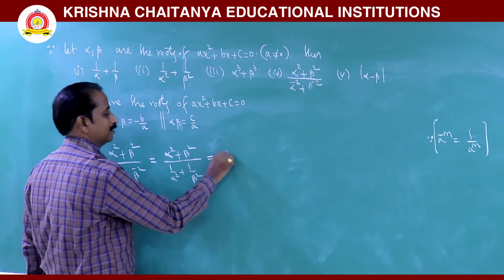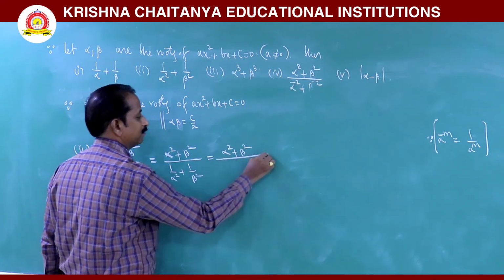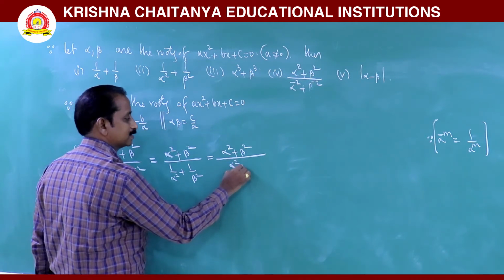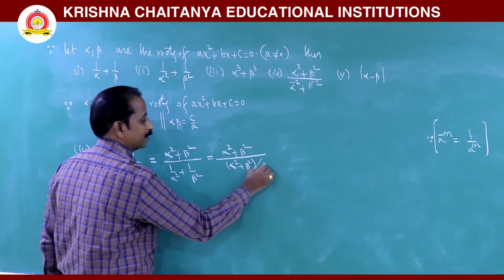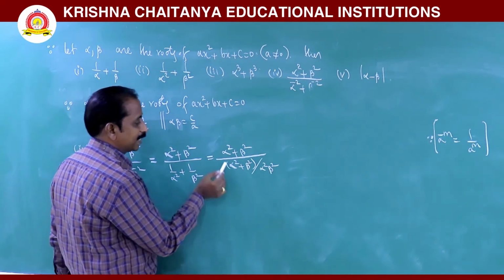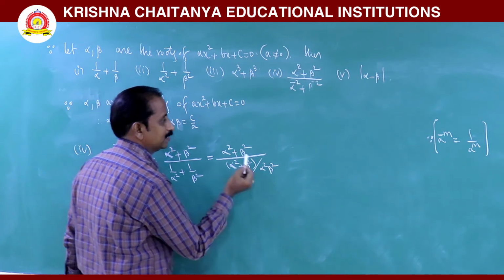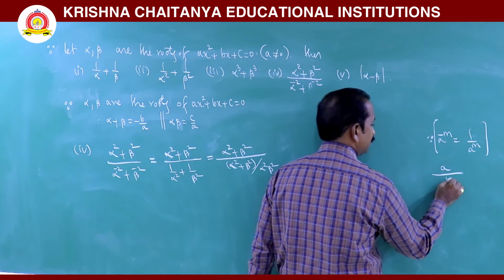So I can write alpha square plus beta square whole divided by beta square plus alpha square, otherwise alpha square plus beta square divided by alpha square into beta square. Now it is in the form a by b by c.